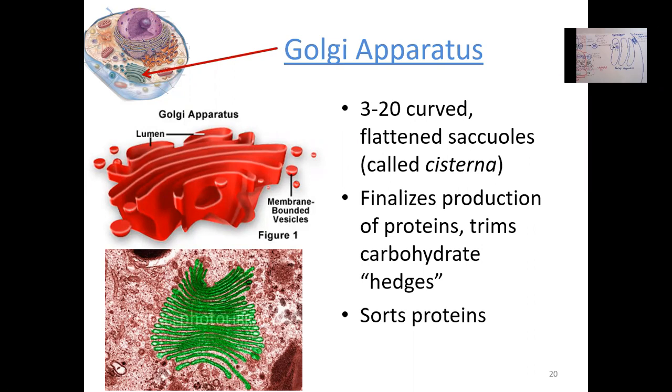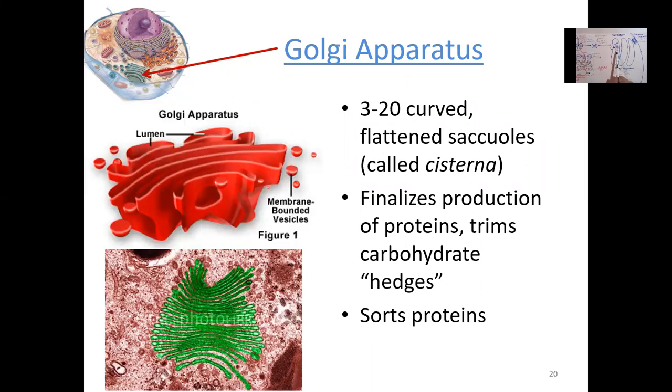Number 6, for example, in the Golgi, we add the quaternary structure or shape. We trim those carbohydrates. Remember that the glycoproteins, the carbohydrates attached to the proteins, form a fingerprint.